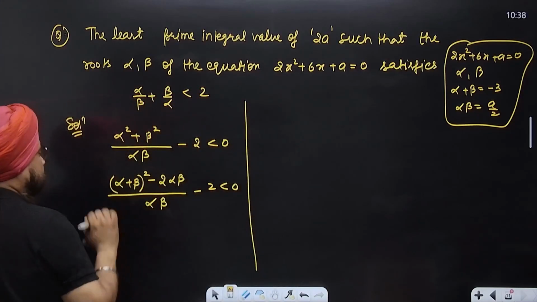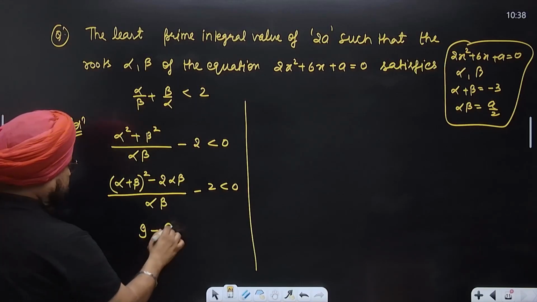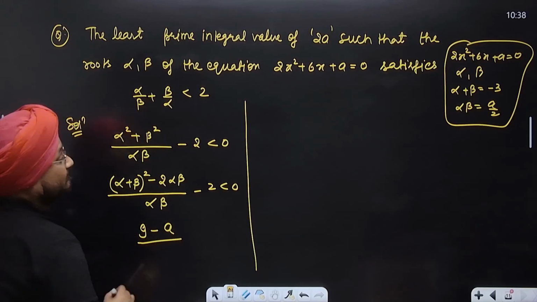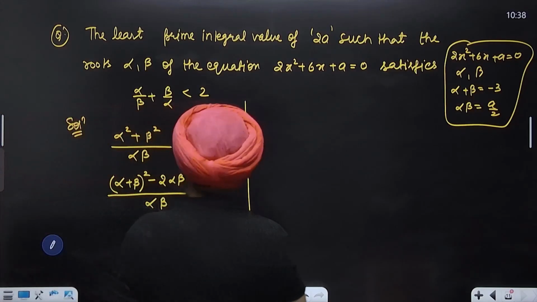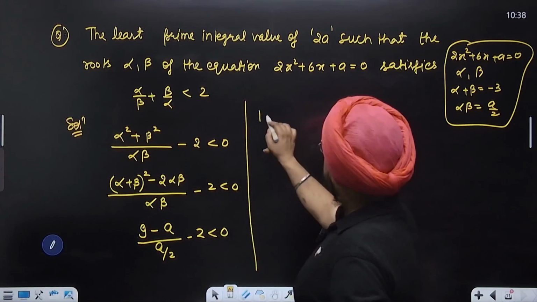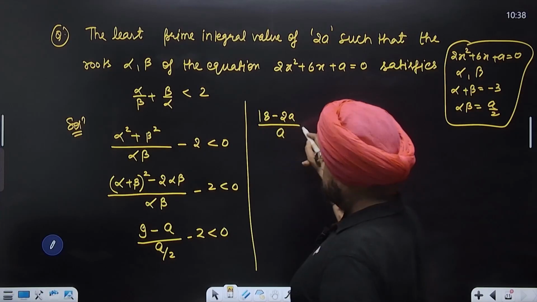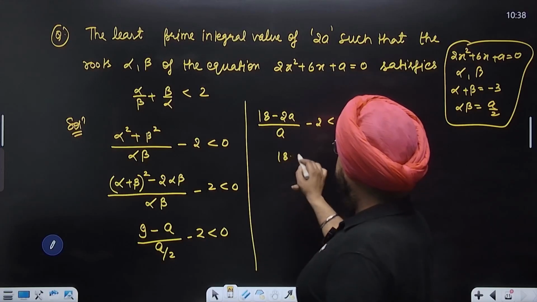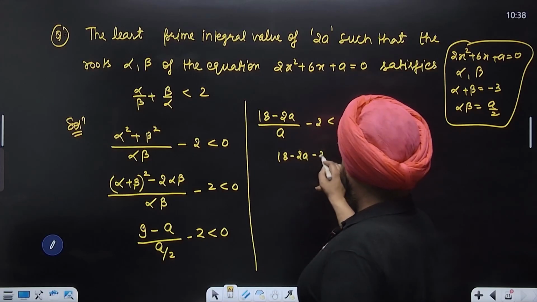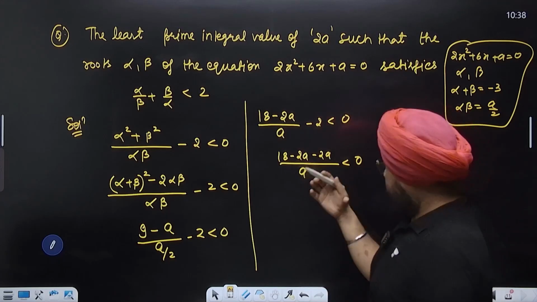Put these values in this inequality. 9 minus a upon alpha beta, which is a by 2, minus 2 is less than 0. So 18 minus 2a upon a is less than 0.